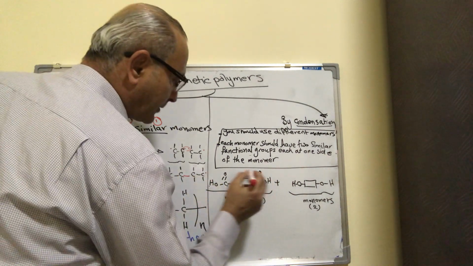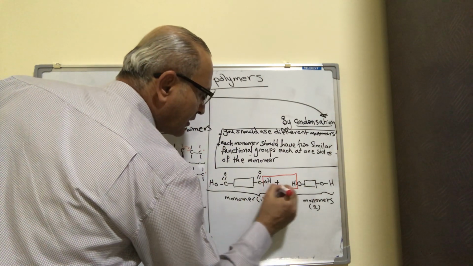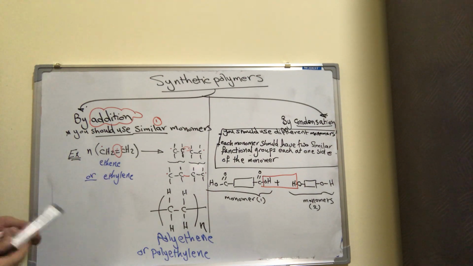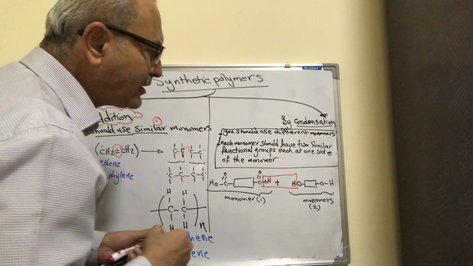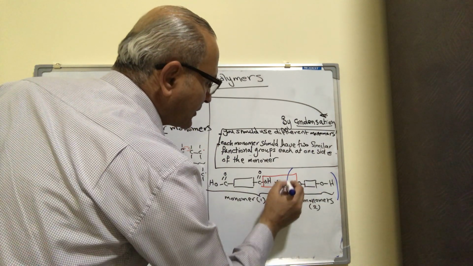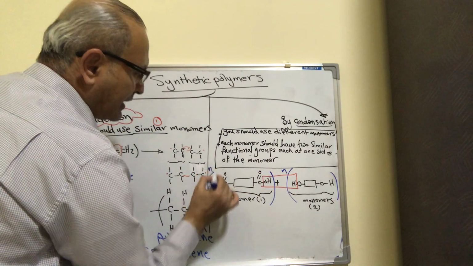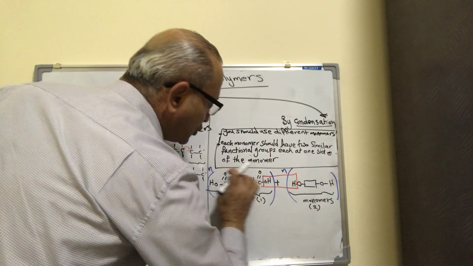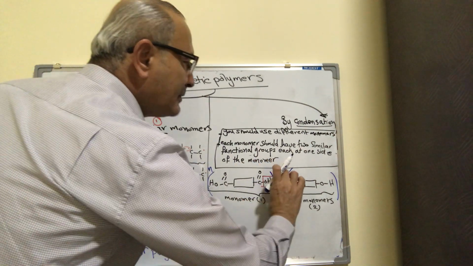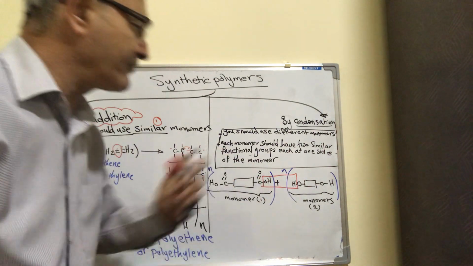Also, we said before that we should take OH from here, H from here. And of course, we are not using only one monomer of each. Here you should use many monomers, n, and also here you should use many. n here means too many molecules of this monomer, but I am just showing what happens between two of them.